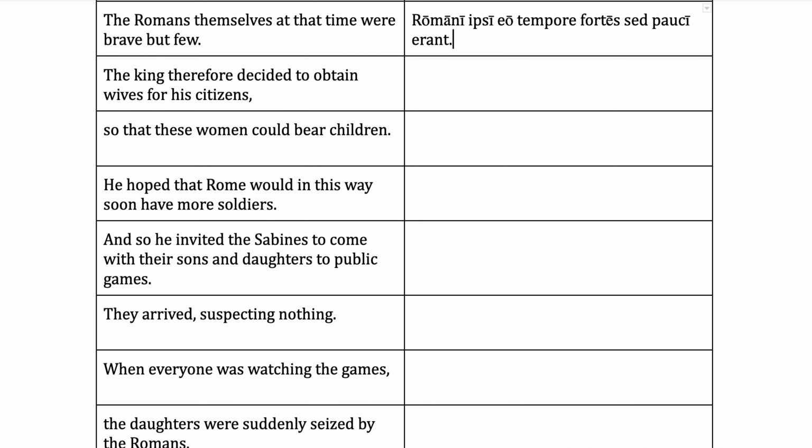Or if you wanted to, you could have a perfect tense fuerunt, but here, again, we're talking about a state of affairs over a period of time, so erant is probably better. And then the other thing is eo tempore, meaning at that time. You could also translate just with the word tum, meaning then, or at that time. So either of those two options is fine.